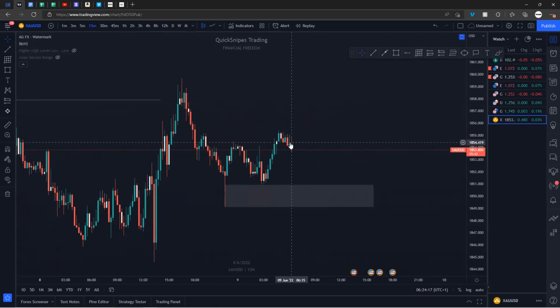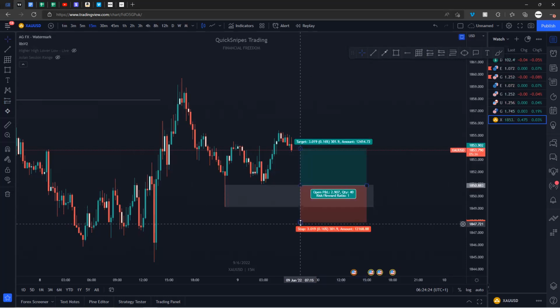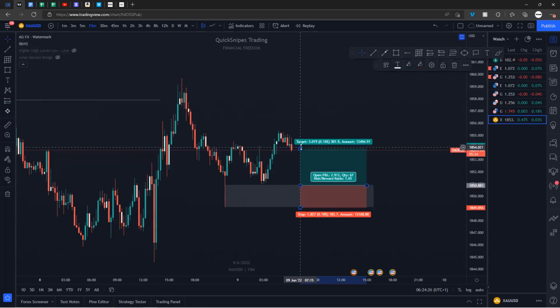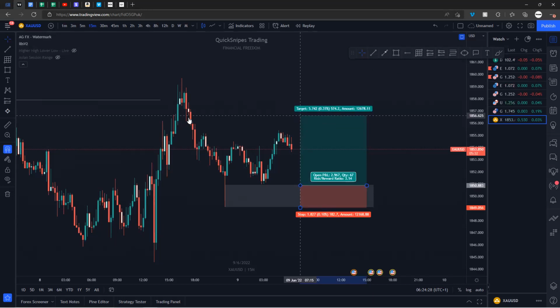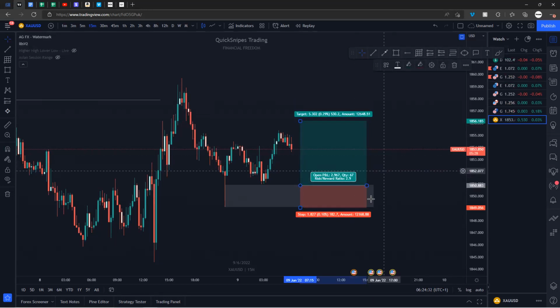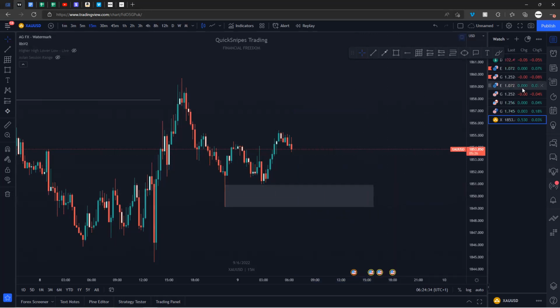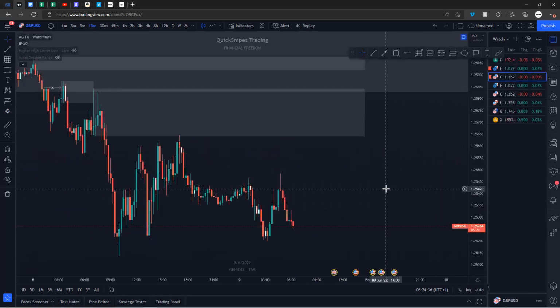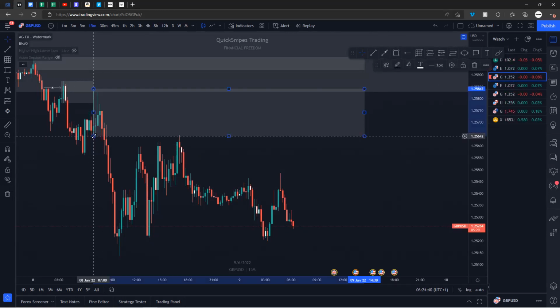So grab structure. That would really be a 2.9 risk reward. So again, nothing obvious in the market, but I'd say the most clear trades are potentially on GU.